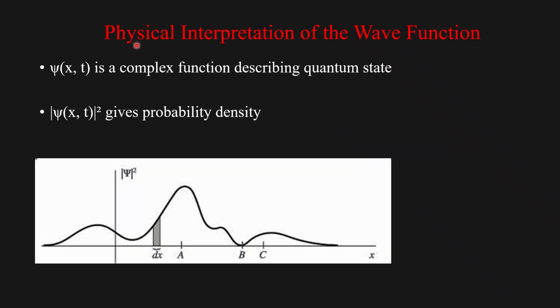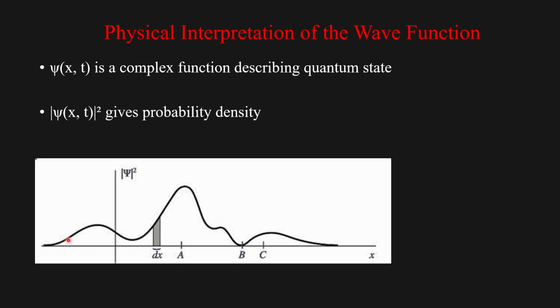Now we will see the physical interpretation of the wave function. Psi of x and t is a complex function describing the quantum state. It is a complex function. And modulus psi of x and t squared gives the probability density.